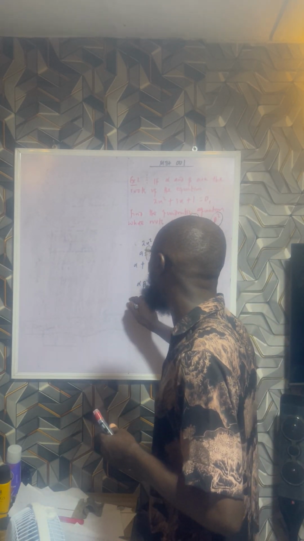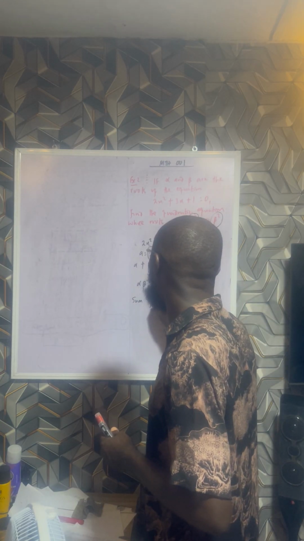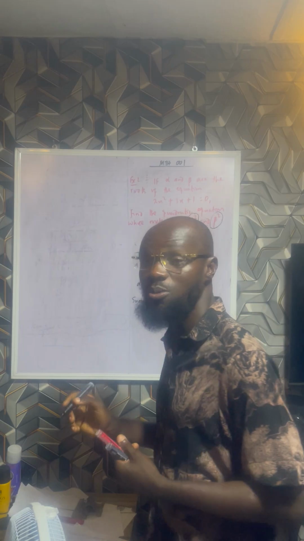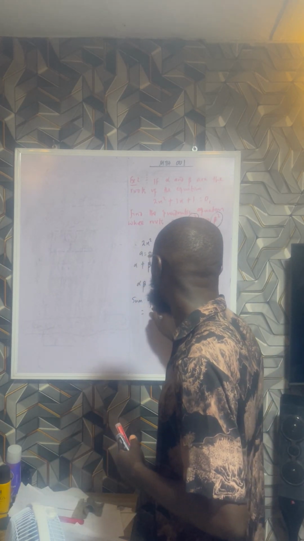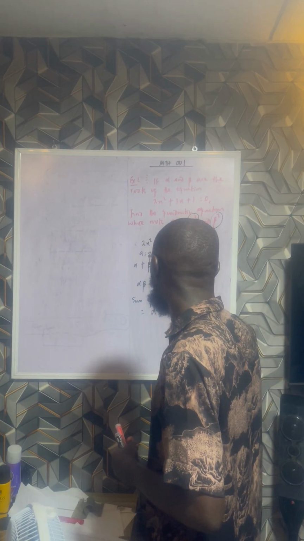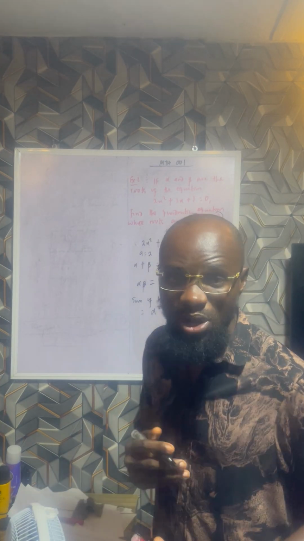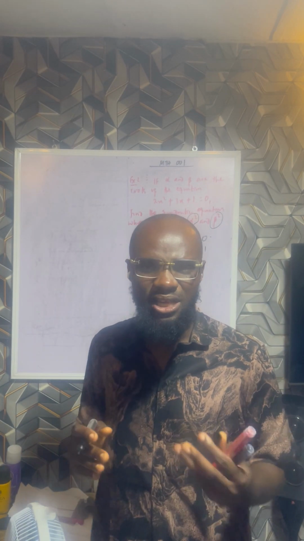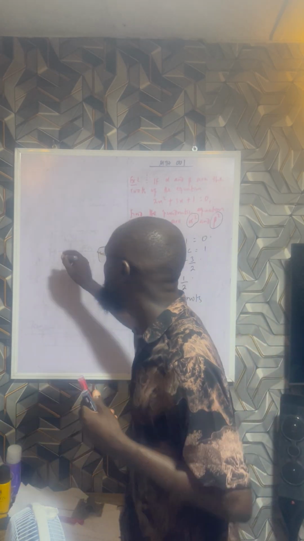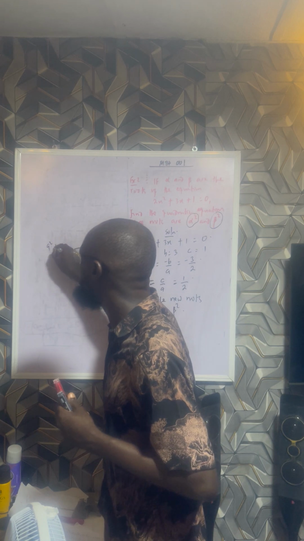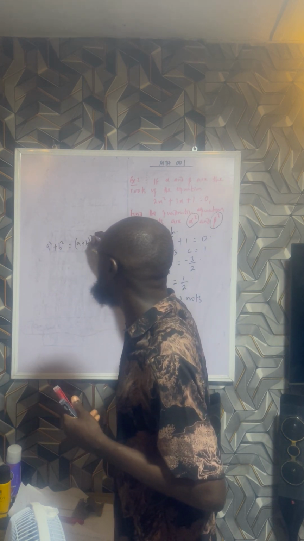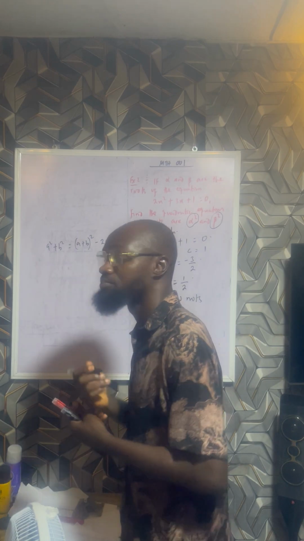You now look at the sum of the new roots. When I say sum of the new roots, that will be alpha squared plus beta squared. From our knowledge of sum of two squares, when I say a squared plus b squared, it is the same thing as a plus b all squared minus 2ab.